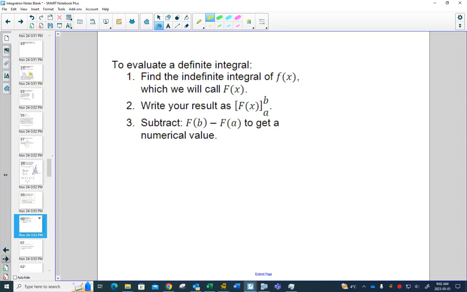So what do we do? First we find the indefinite integral, don't have to write the plus c, put it in square brackets, and write the numbers a and b, and then plug in b, plug in a, and subtract your results. And you will always get the actual area under that curve.